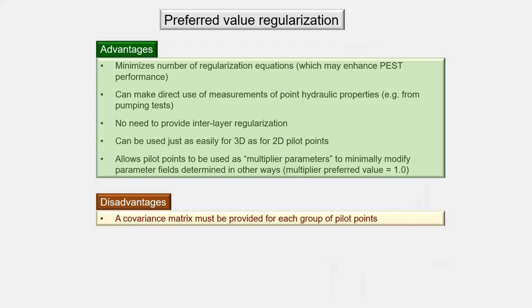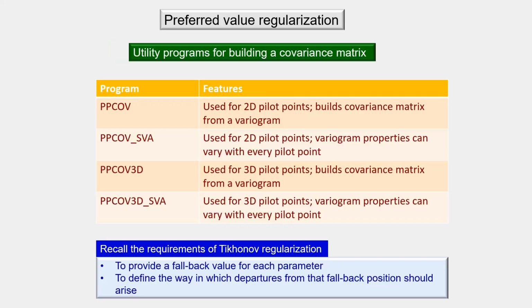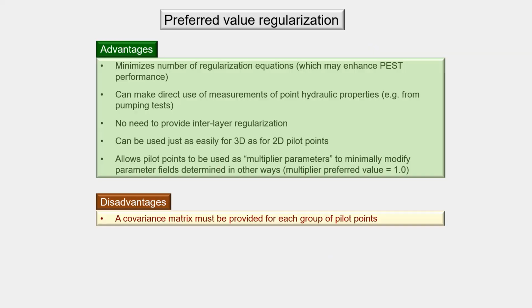The advantage of this approach to regularization, the preferred value approach to regularization, is that it's relatively easy to do. Add reg 1 puts in the prior information equations. The utilities that we just saw allow us to build the covariance matrix. It gets rid of problems associated with regularizing parameter values between layers.